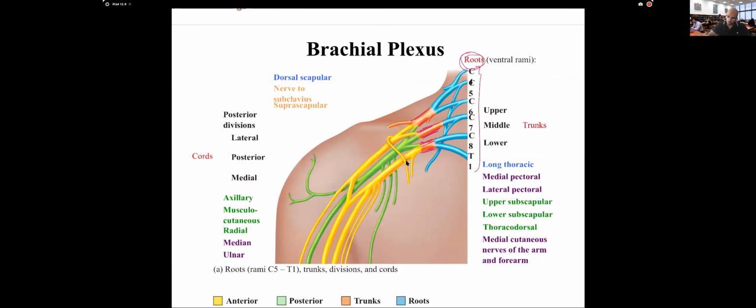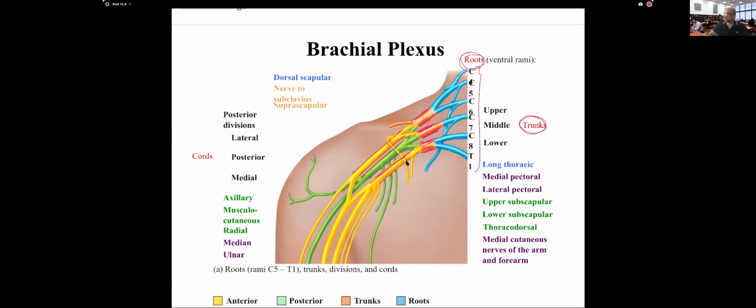We call those fused roots my trunks. We have the upper, middle, and lower trunks. Trunks will give out branches that will fuse together, forming 3 cords.